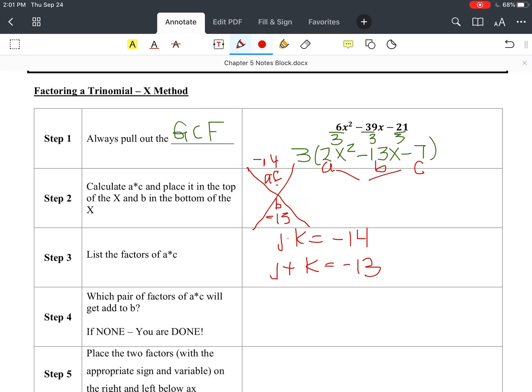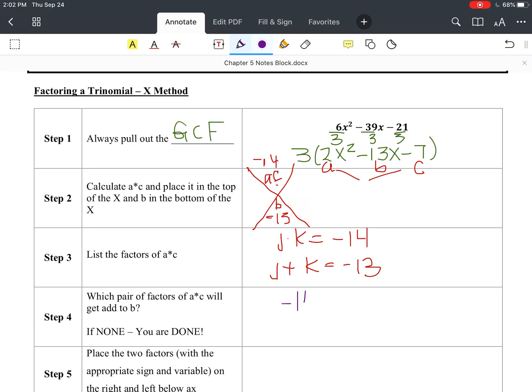So this is where you want to start listing out your factors of negative 14. Well, I know 7 and 2 will multiply to 14, but there's no way 7 and 2 are going to get me to negative 13. But I know 14 and 1 also multiply to 14, and I can figure out a way for them to add to negative 13.